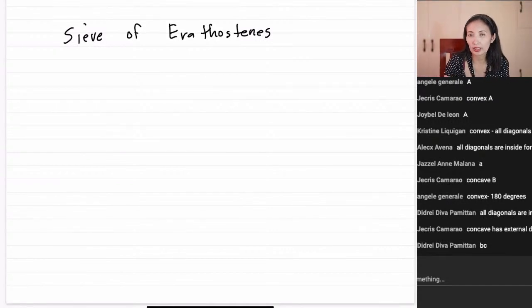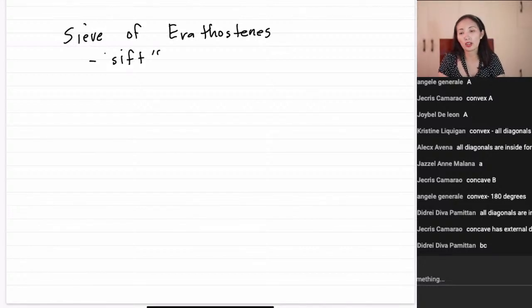Okay, sift. The sieve of Eratosthenes sifts, separates. Your sieve separates the coarse from the fine grains. In like manner, the sieve of Eratosthenes separates the primes from the composite numbers.